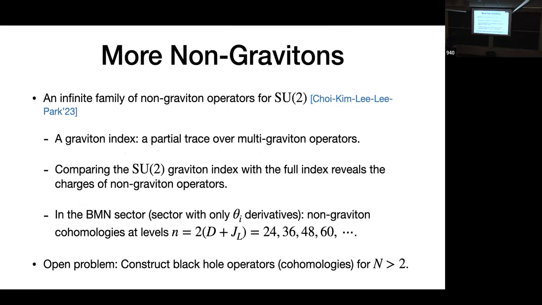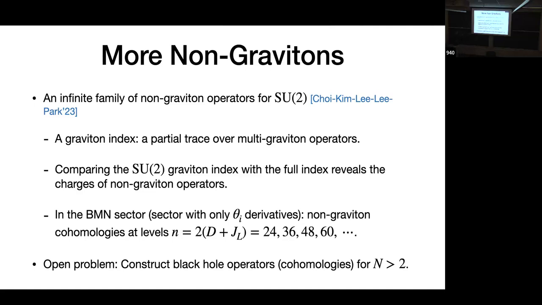And so for that particular form of the representative there are some generalizations. This Korean group found an infinite family of non-graviton operators. The way they found it is they first construct an index called the graviton index, which is basically a partial trace over the multi-graviton operators.